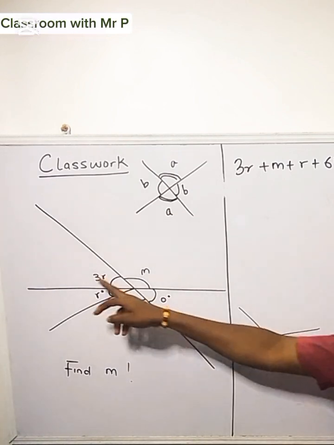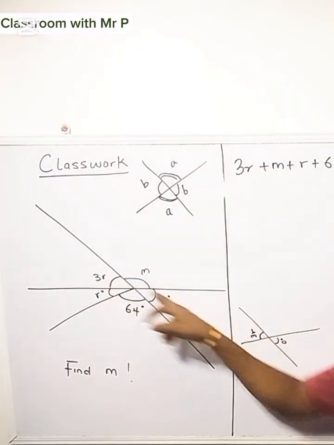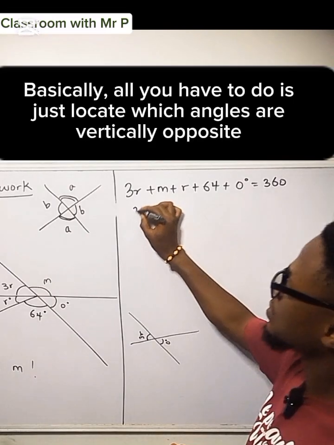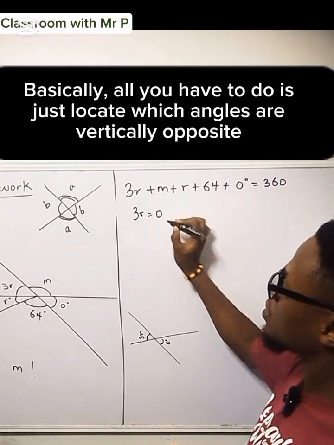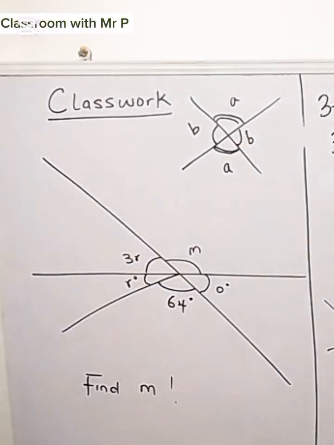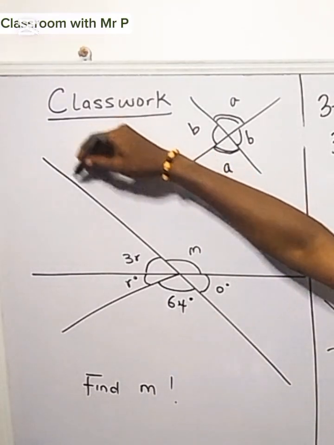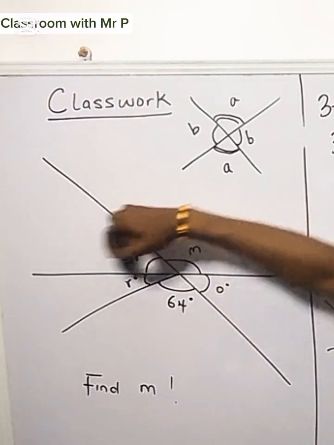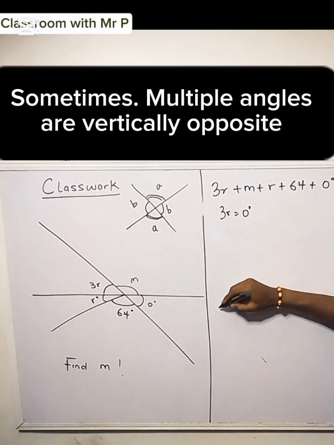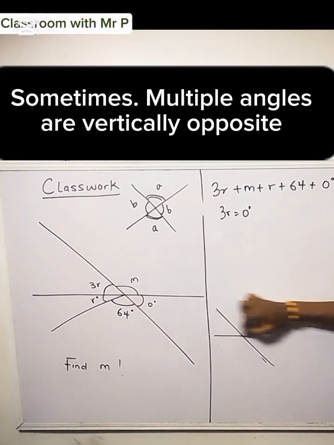It means that 3R and O are vertically opposite each other, and it means that 3R is equal to this angle here called O. Another vertically opposite angle that I can see here is this line and this line, where we have something like this.